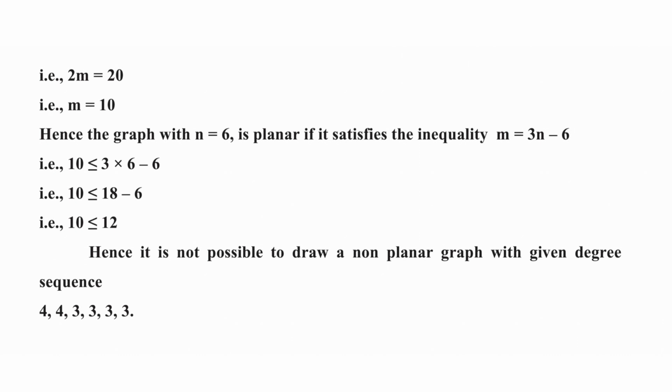Hence, the graph with n equals 6 is planar if it satisfies the inequality m is less than or equal to 3n - 6, that is 10 is less than or equal to 3 into 6 - 6. So, 10 is less than or equal to 18 - 6, that is 10 is less than or equal to 12. Hence, it is not possible to draw a non-planar graph with the given degree sequence 4, 4, 3, 3, 3 and 3.